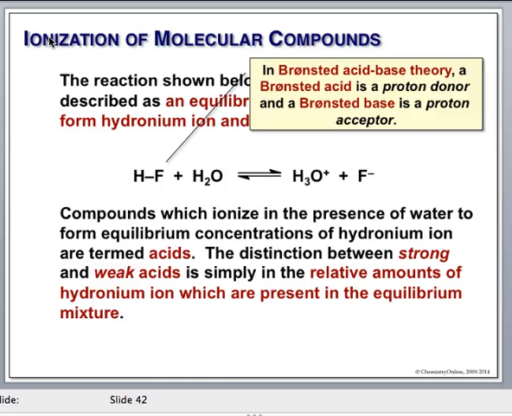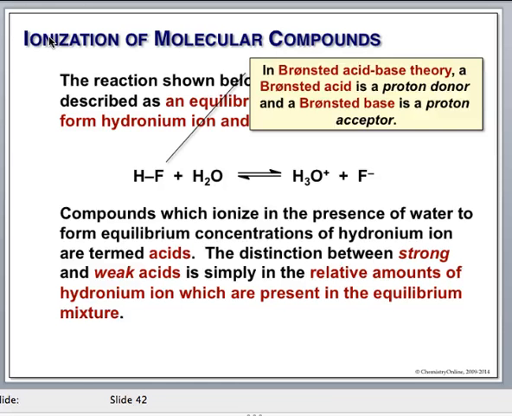Now, among acids, we're going to have two groups: strong acids and weak acids. The only real difference in the two is the position of this equilibrium. Let's talk about what we mean by that.